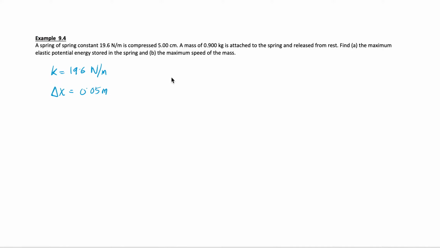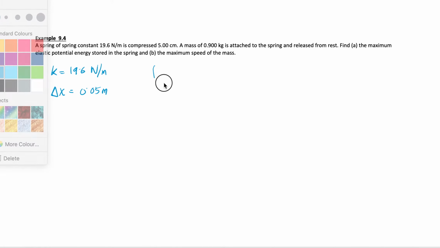Did it say if it's vertical or horizontal? No, it didn't say. So let's just say it's horizontal, and I compress it by delta x. Then I release it. Remember when I compress, I need to make this bigger actually. Let me write that again.